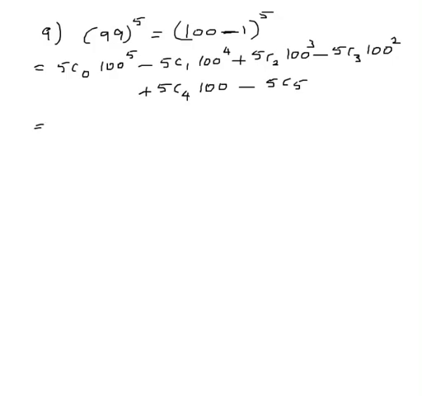5c0 is 1 and 100 power 5 is. Minus, I'll write negative values here, minus 5c1 is 5 times 100 power 4, plus 5c2. 5c2 is 10. 10 times 100 cube.